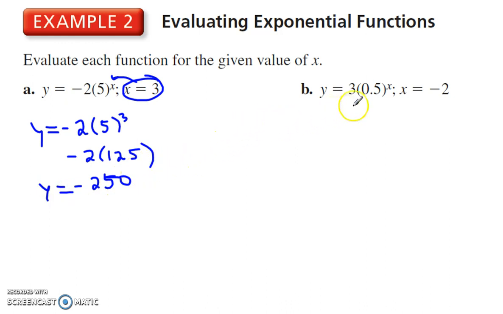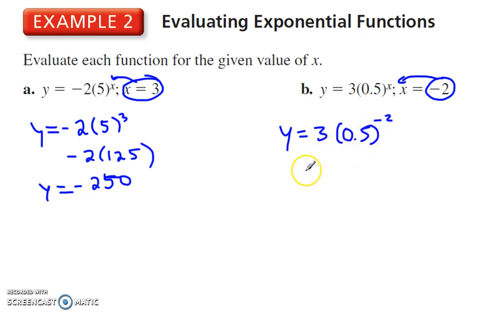And then here, x is negative 2, so we're going to plug that in up here. Y is equal to 3 times 0.5 to the negative second power. Okay, what that means is we have y is equal to 3 times 1 over 0.5 squared.